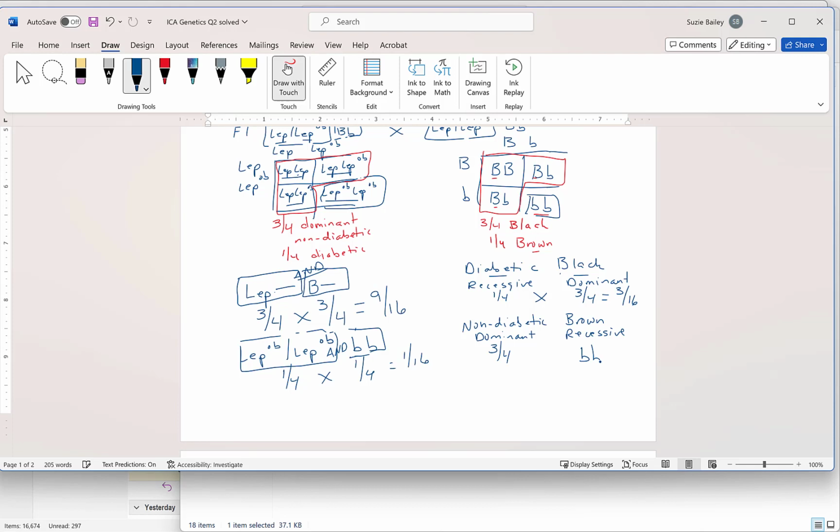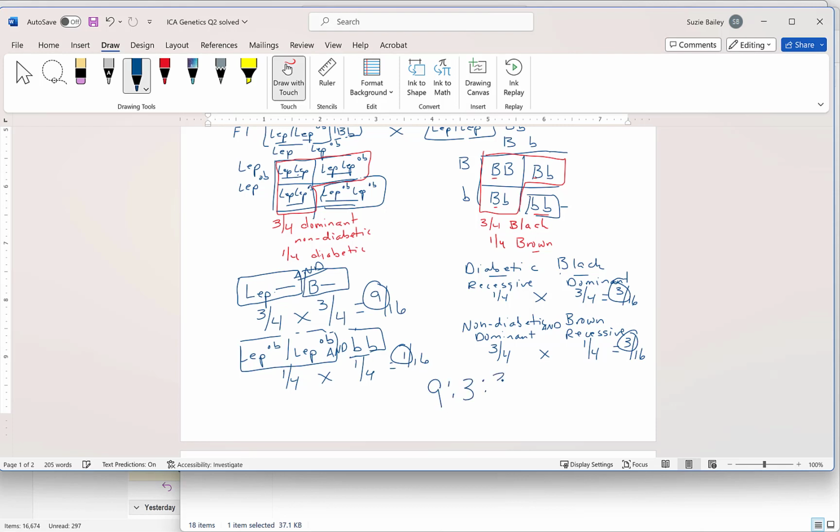Brown recessive trait probability is going to be 1 out of 4. It's that homozygous recessive genotype. Because we want this and this in the same mouse, we're going to multiply, 3 out of 16. As you can see, we get our 9 to 3 to 3 to 1 ratio.